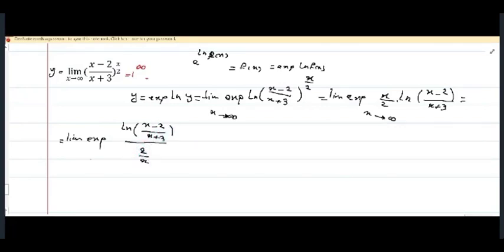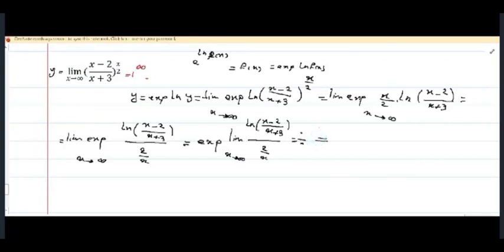Now when x approaches infinity, the limit can come inside, so I can write the exponential of this limit, ln of (x minus 2 over x plus 3) over 2 over x, when x approaches infinity. If I put infinity here, I have ln of 1, that is equal to 0, so I have 0 over 0.